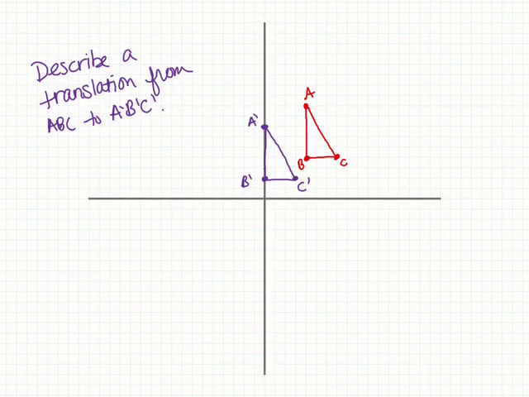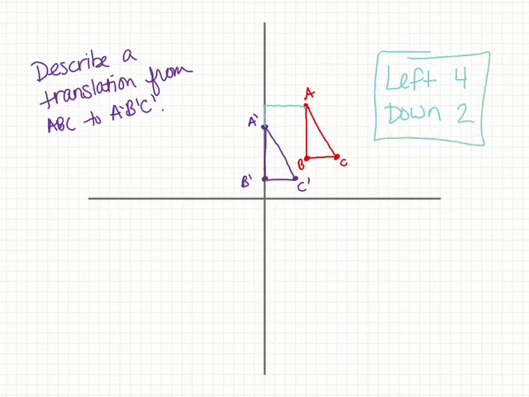You need to figure out how do you get from A to A prime. Okay, so here's A, and I'm going to count. Well, I would need to go left 1, 2, 3, 4. So I'm going to write left 4. And then I would need to go down 1, 2. So left 4, down 2. That's my translation for what happened in this shape.